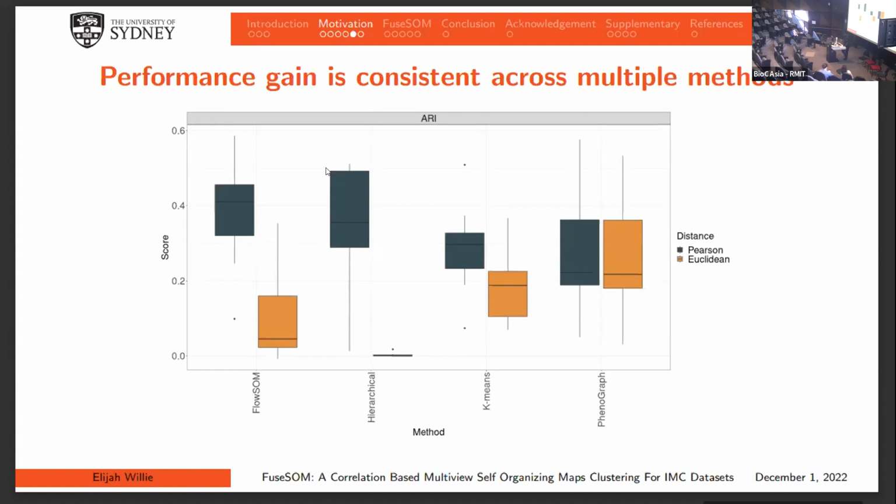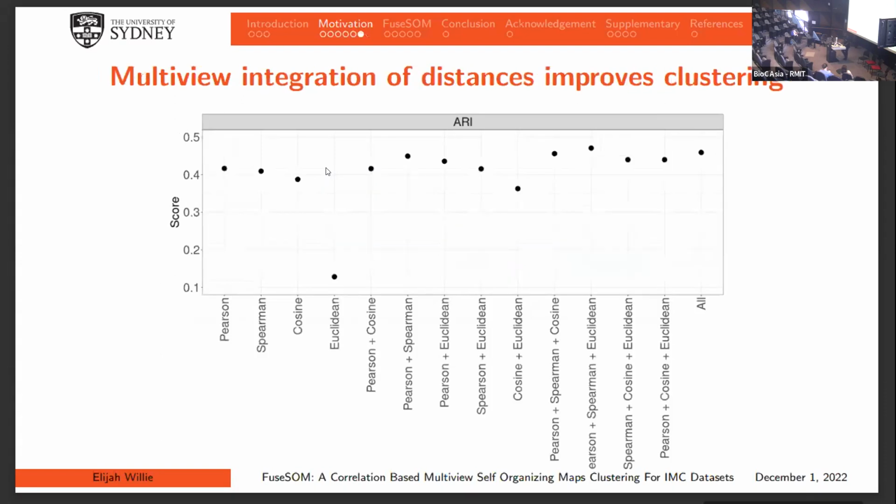So we've established now that across clustering algorithms and across data sets, correlation seems to perform quite well. The next idea was to see if we could combine these distances into one, to maximize the signal from each one of these metrics.